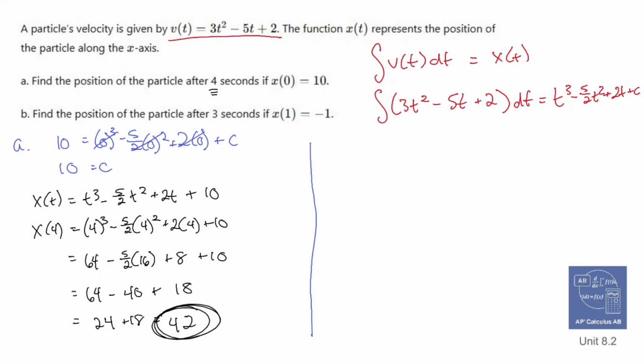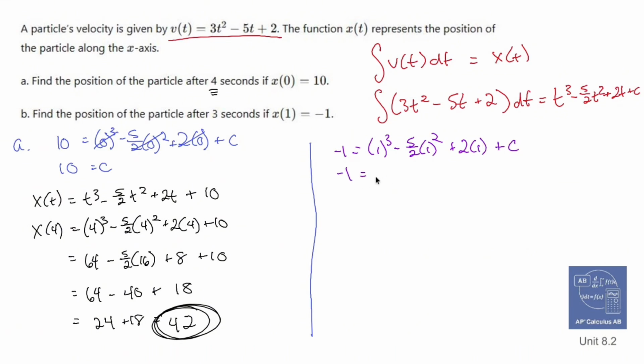Cool. Now we got to do this again, and this next one's going to be a little bit more complicated because we're plugging in 1 to get negative 1. So negative 1 is going to equal that with 1 plugged in for t: 1 cubed minus 5 halves times 1 squared plus 2 times 1 plus c.